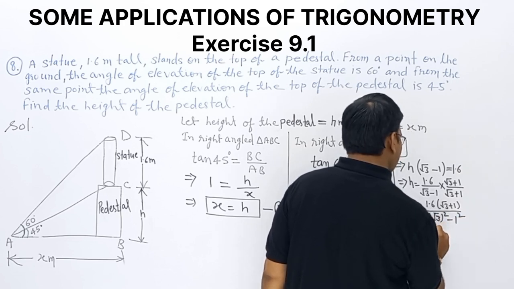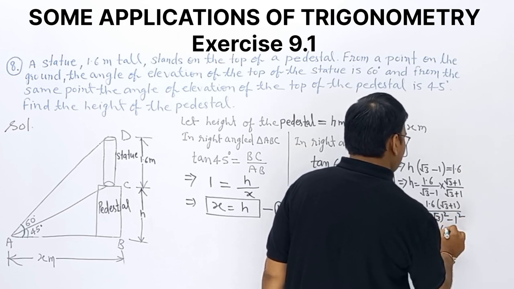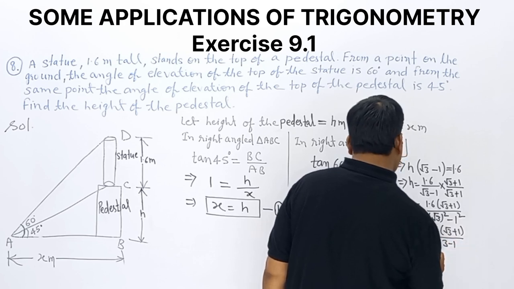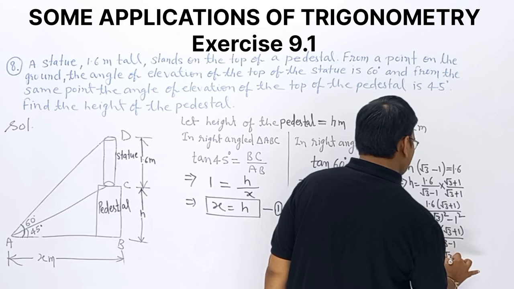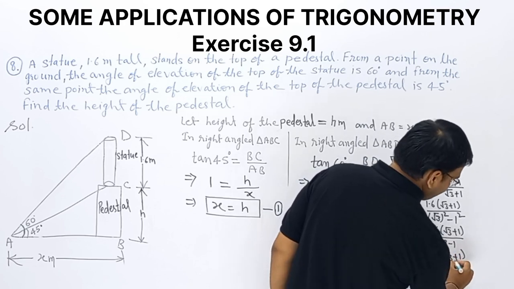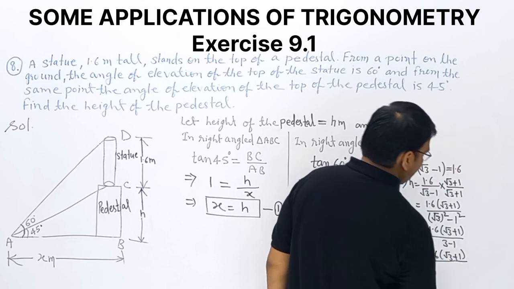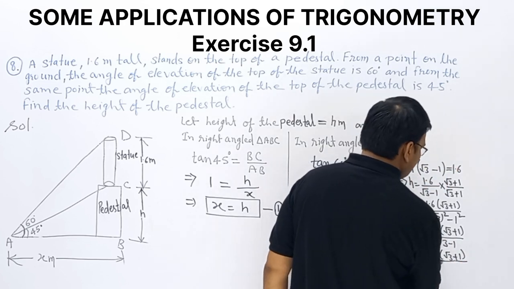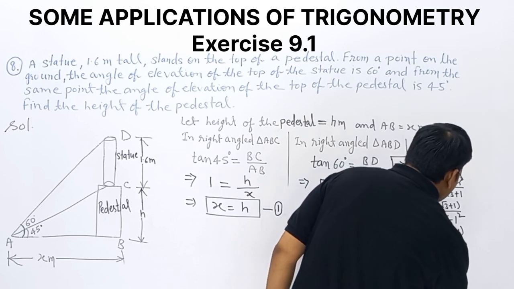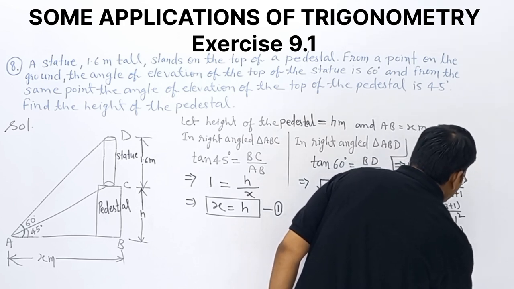Finally, 1.6 into square root of 3 plus 1 divided by square root of 3 whole square, which is 3 minus 1, and 3 minus 1 can be written as 2.